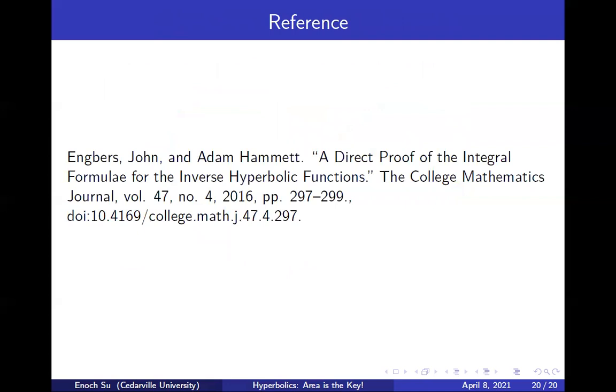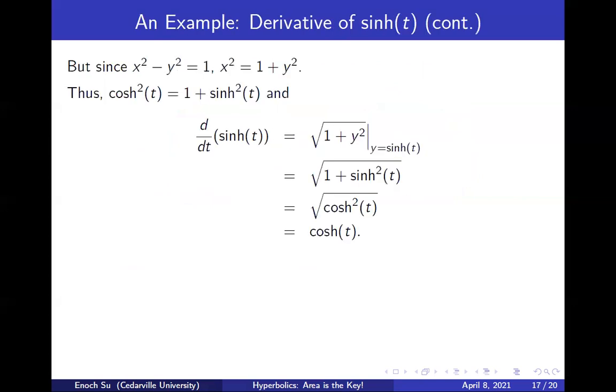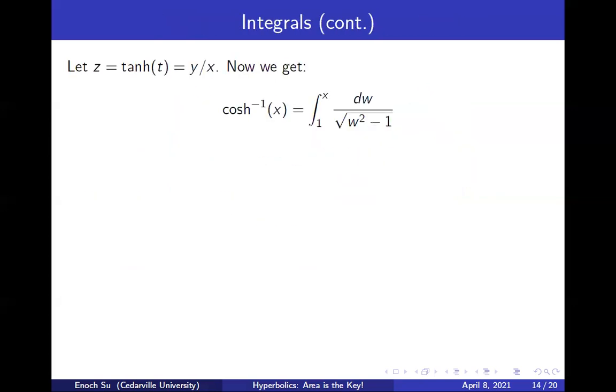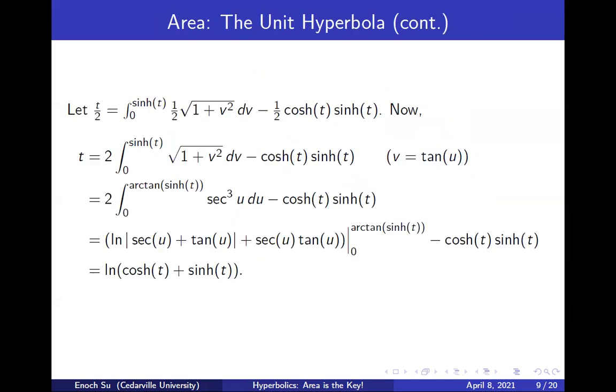Could you go back to the slide where you were initially talking about the area of a hyperbolic? Yes, like this. Where did the 2 come from in the second line? Because you're multiplying by 2 on the right side and you have a half on both those terms.